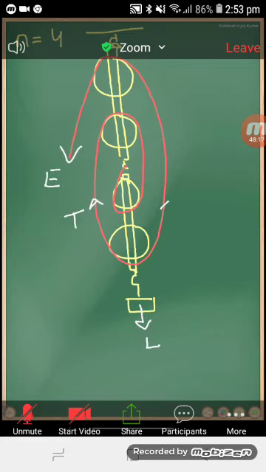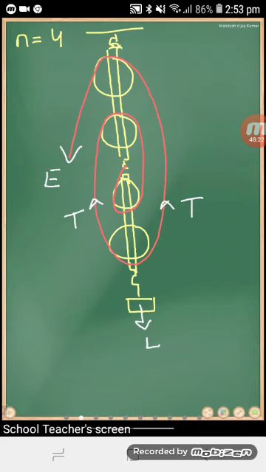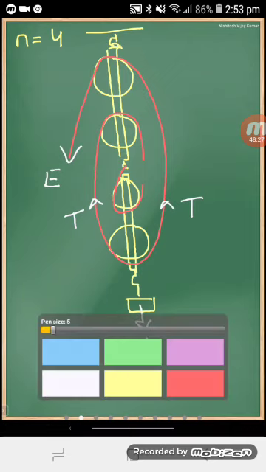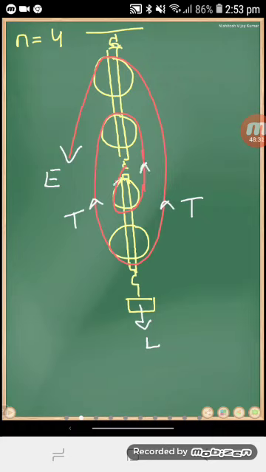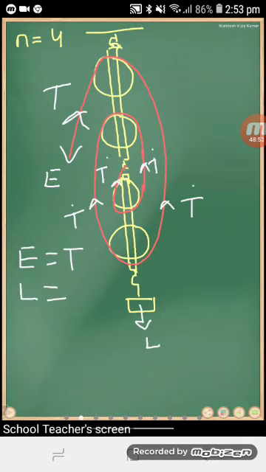Now load is going to head down, effort when we are applying, T, and these tensions will be same of the string, that will be in upward direction. T, T. And the effort will also be balanced by the tension. So here we have effort is equal to T and the load is equal to 1, 2, 3, 4, 4T.